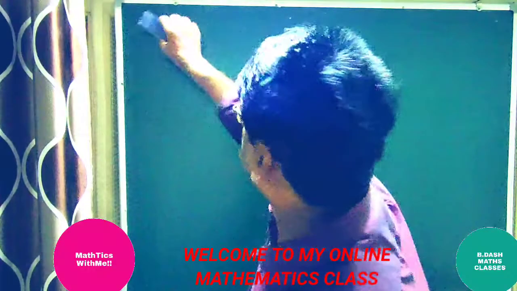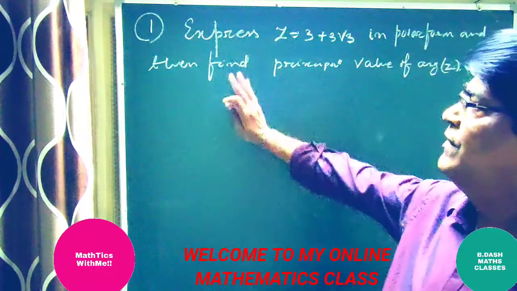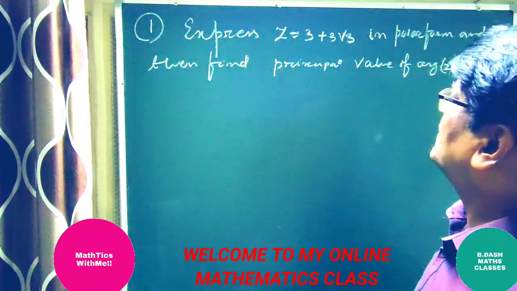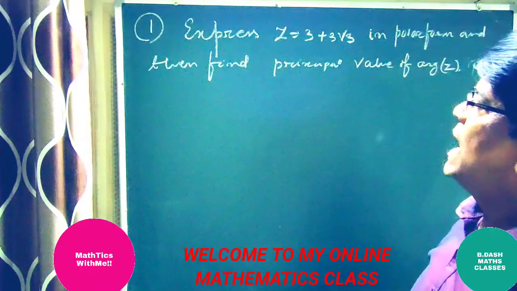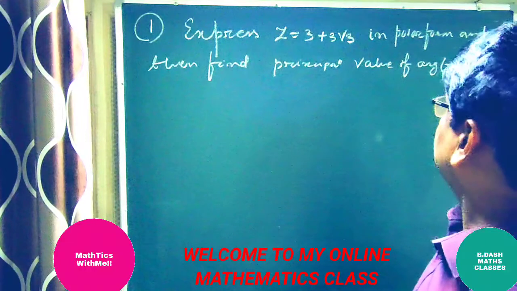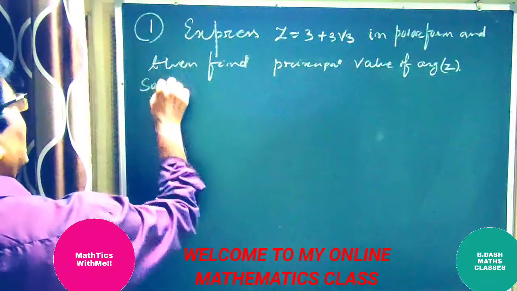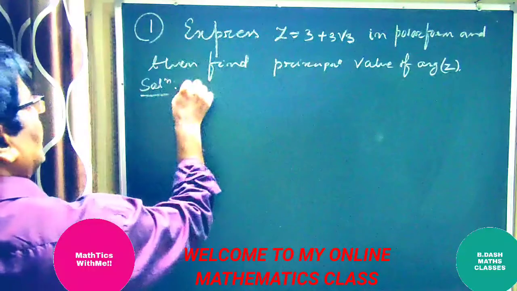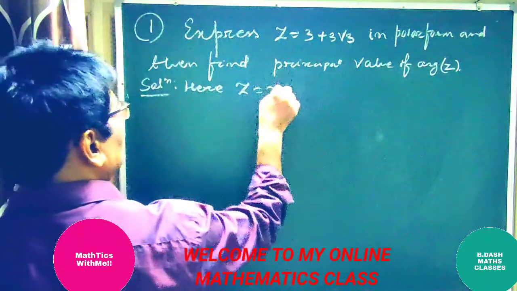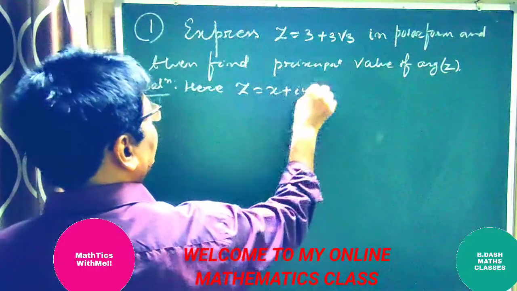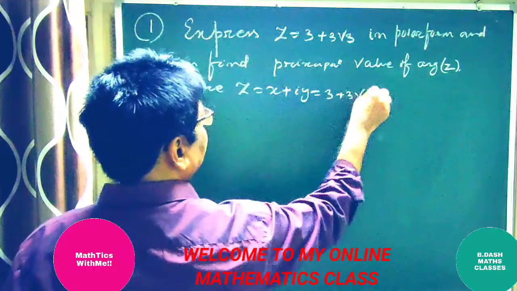Now our next question is express z is equal to 3 plus 3 root 3 i in polar form, and then find the principal value of argument of z. Now solution. Here z is equal to x plus iy is equal to 3 plus 3 root 3 i.